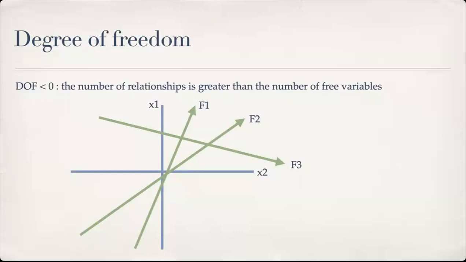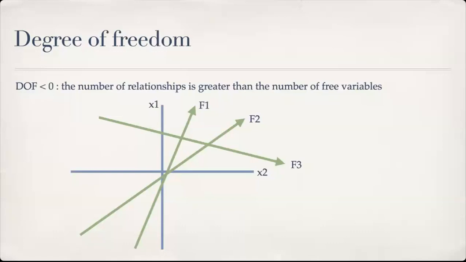For example, a case where the degree of freedom is less than 0. Is it possible? Yes, in some cases, but it signifies something. That means we are not free to adjust anything, and the problem is already over-defined.